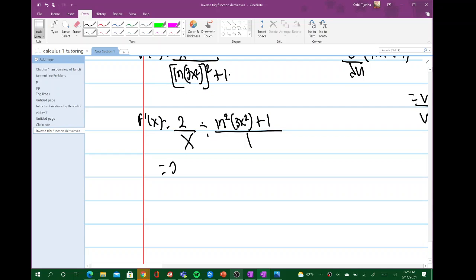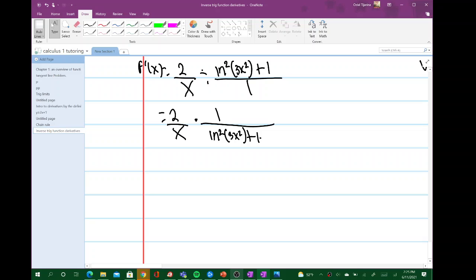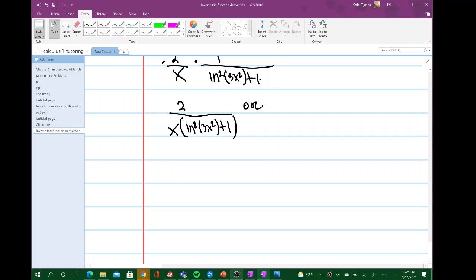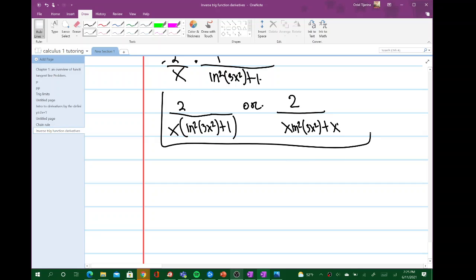This is really 2 over x times 1 over ln squared of 3x squared plus 1, which is really 2 over x times the quantity ln squared of 3x squared plus 1, or 2 over x ln squared of 3x squared plus x, like this, any of these two.